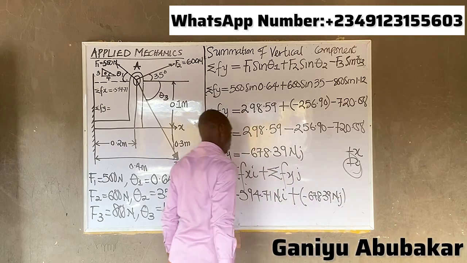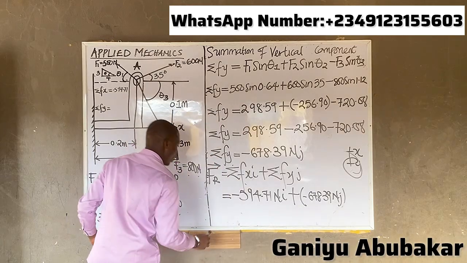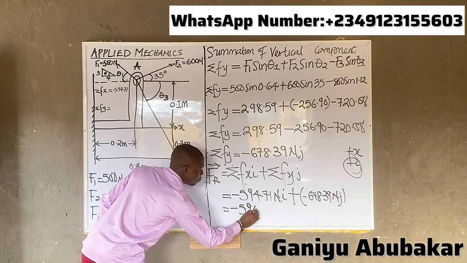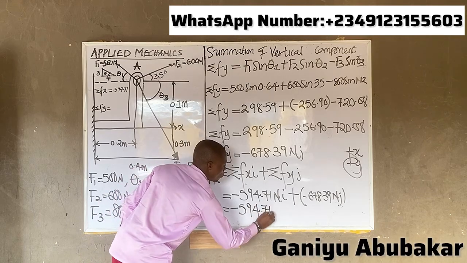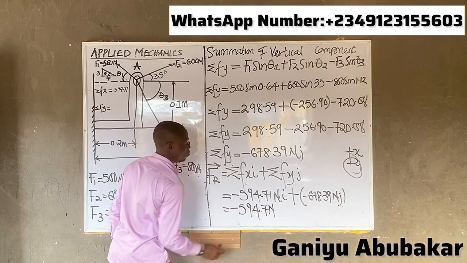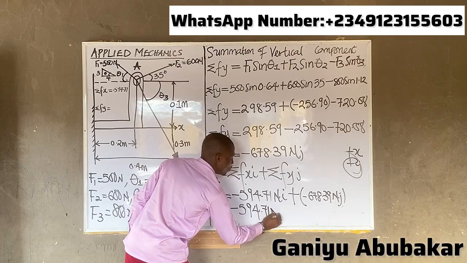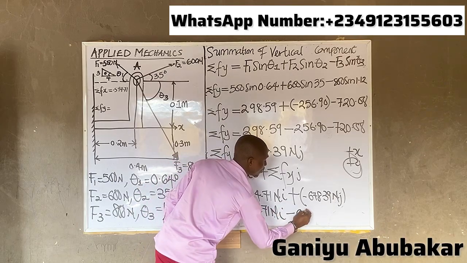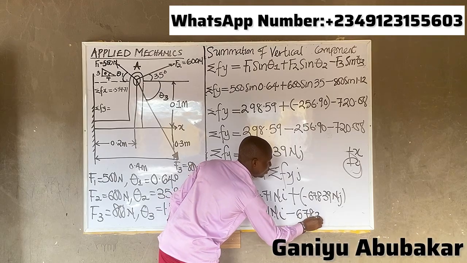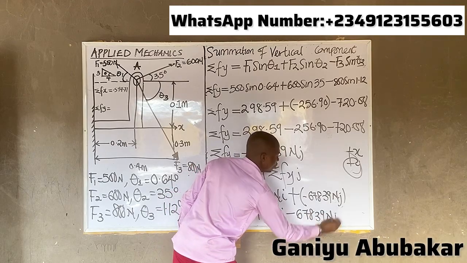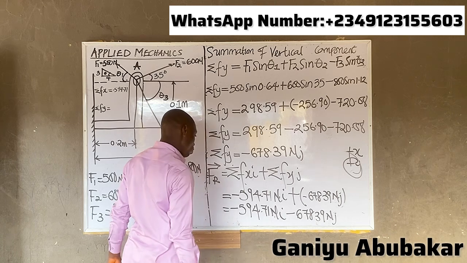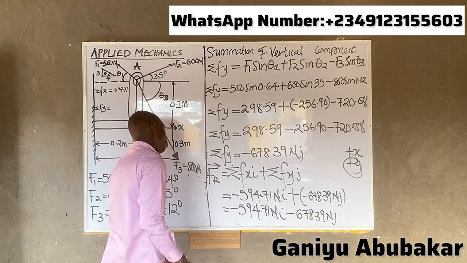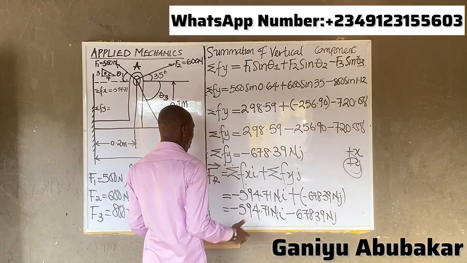All right, I have this. Work on this, I'll have negative 594.71 Newton i, plus minus gives you minus 678.39 Newton j. If I want to, I can factorize out the Newton. Perhaps I can leave it this way.